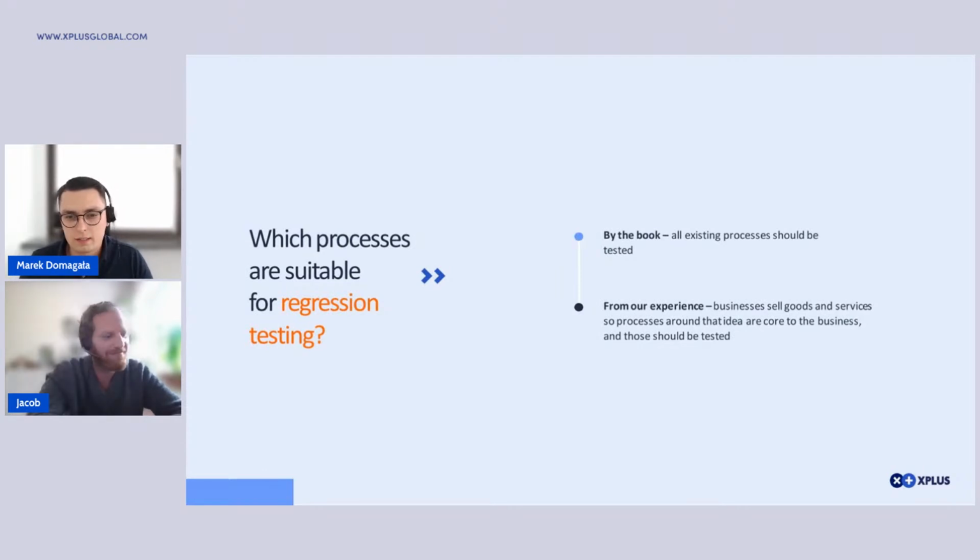By the book, this actually works for some kinds of businesses. So we need to define which kind of processes are suitable for regression in our business. There are businesses like automotive, or, for example, where they produce aircraft, where all the tests need to be done. They will include 100% of them in regression, right?